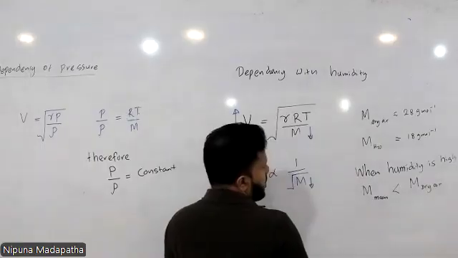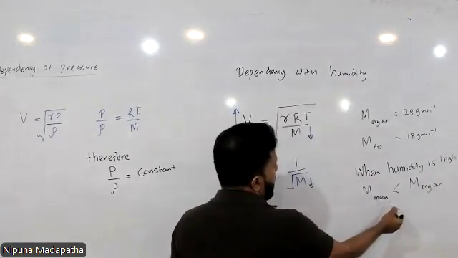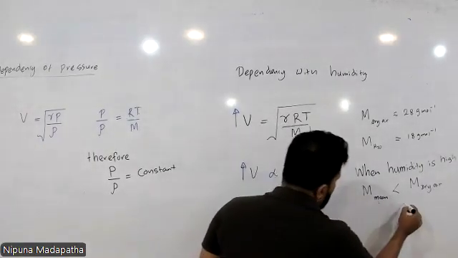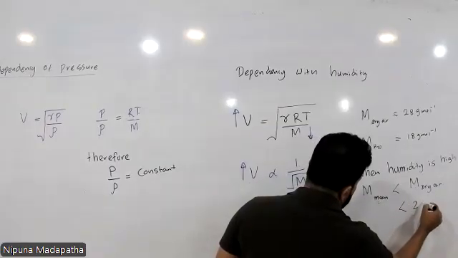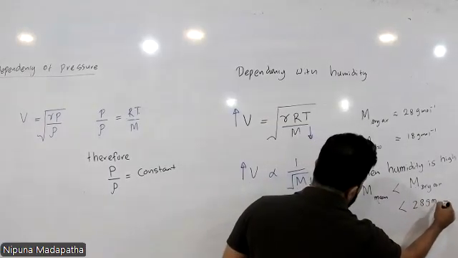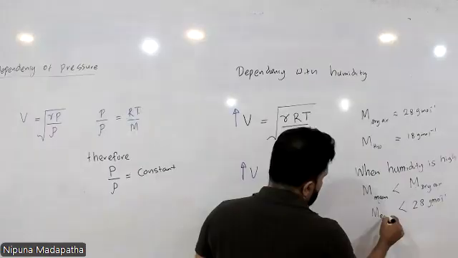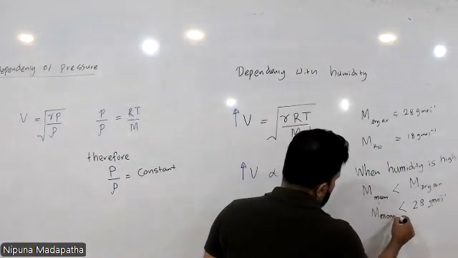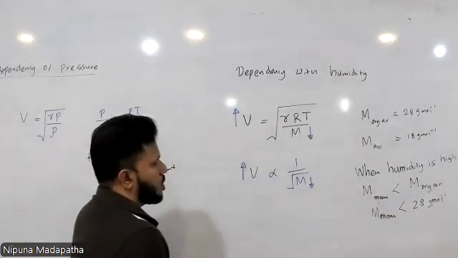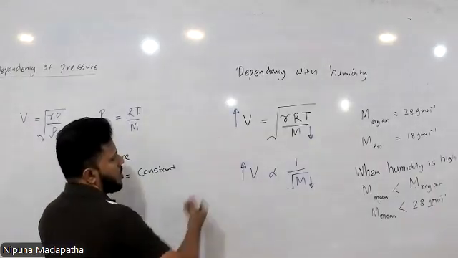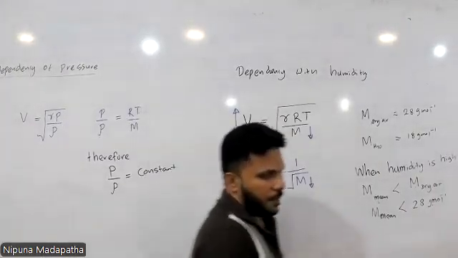When the humidity is high, the mean molar mass is less than the mean molar mass of dry air, which is 20 grams per mole. So this will cause an increase in the speed of sound in air.